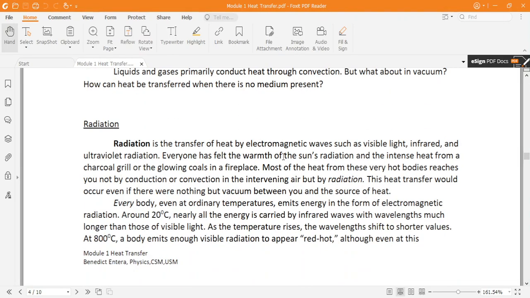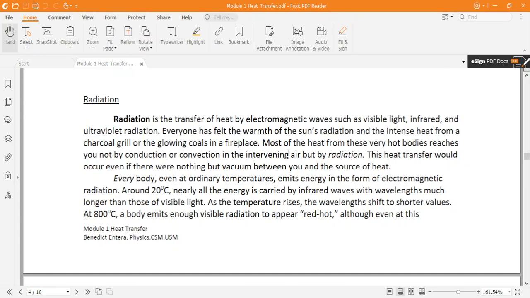Okay, now we come to radiation. Radiation is the most effective mechanism of heat transfer because it does not need a medium. It does not need a conductor, it does not need a fluid. This is the mechanism of heat transfer of heat coming from the sun to earth, because outer space is a vacuum. That is why this energy is transferred by radiation.